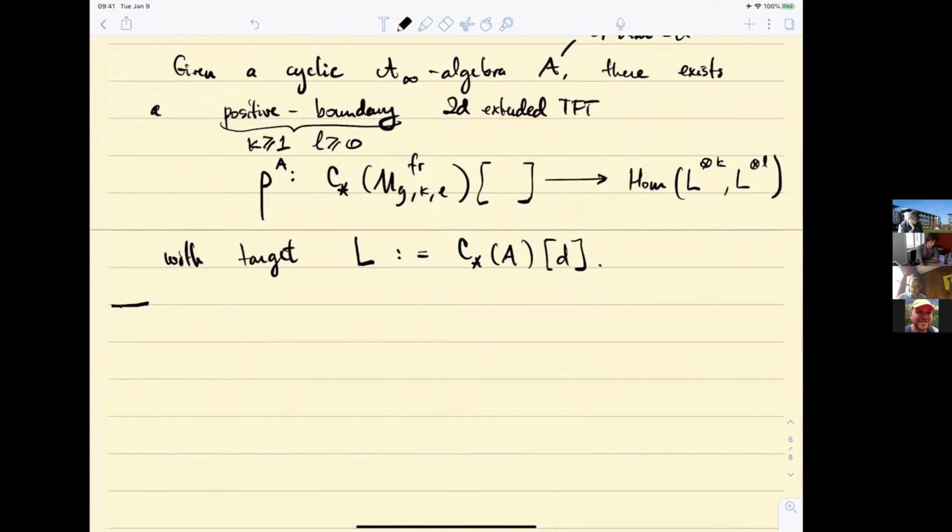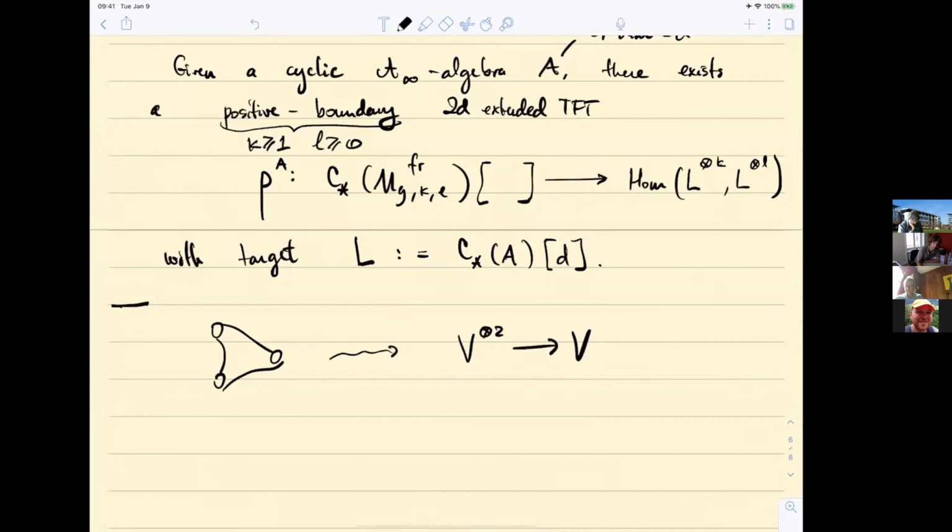A field theory is something that associates to manifolds morphisms in some category. A typical picture that you might see in a field theory is something like this, and to this you associate a homomorphism from, let's say, V tensor 2 to V.